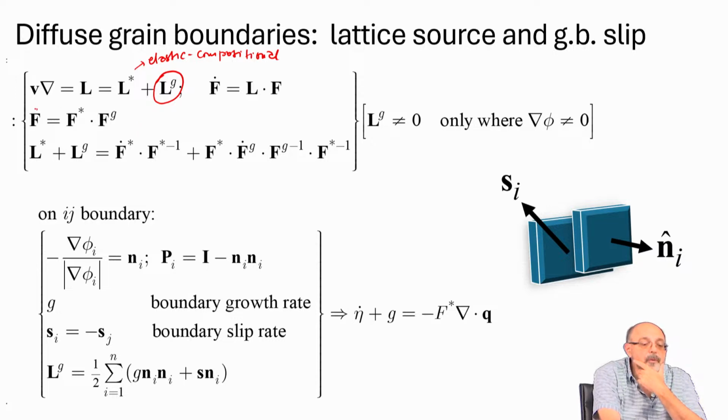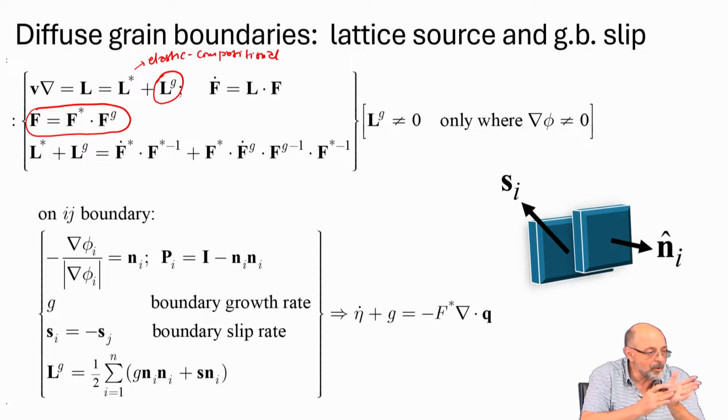For the deformation gradient, I have a multiplicative decomposition. That is, I imagine that I first grow the lattice and slide on the boundary, and then I deform elastically and compositionally my material to make it compatible.